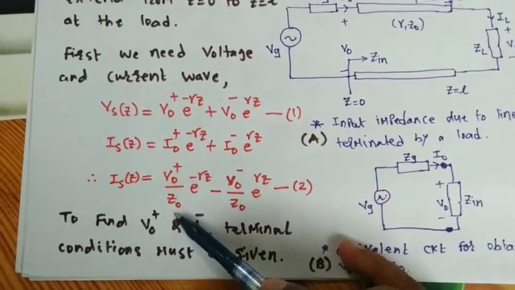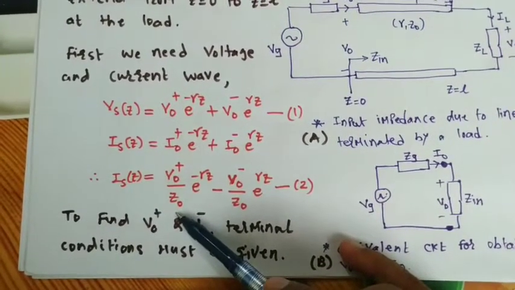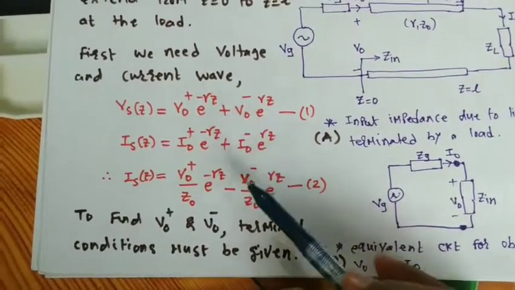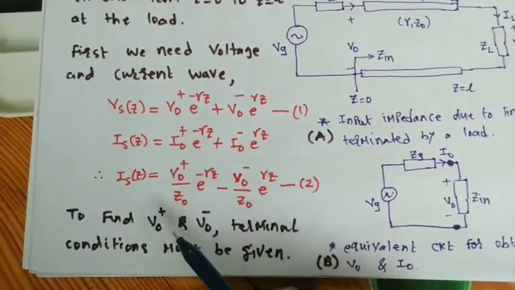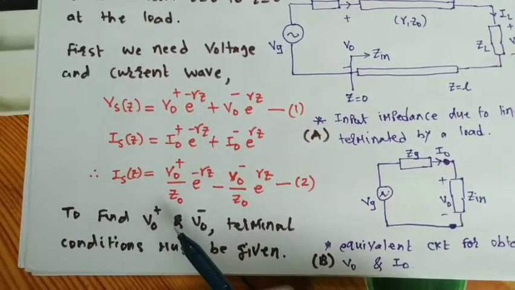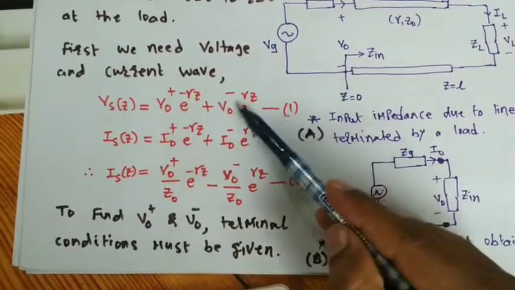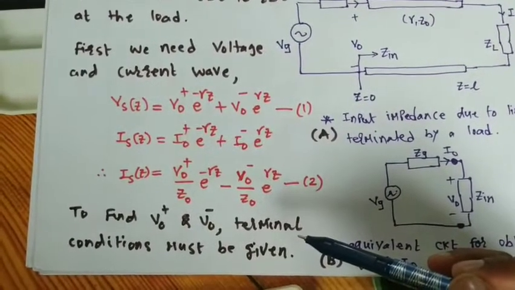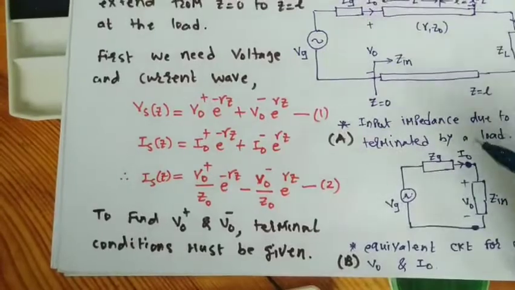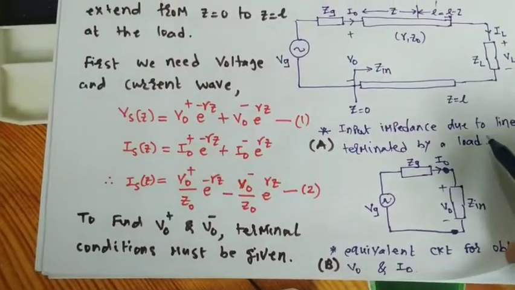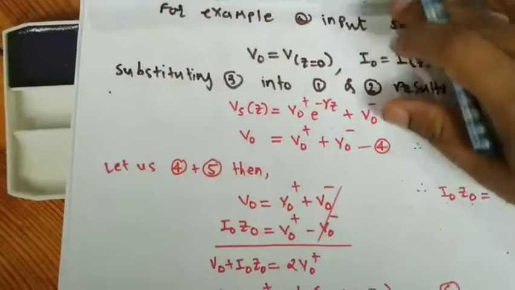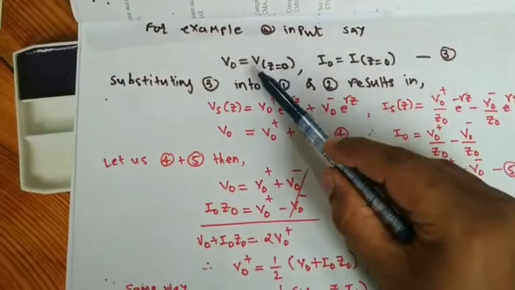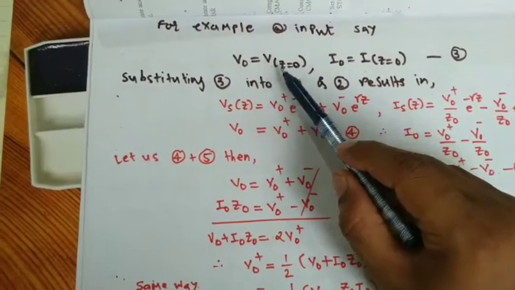Ultimately we now have two equations in terms of V0 plus, V0 minus, and Z0. First of all, for finding V0 plus and V0 minus, we need to give some terminal conditions. For example, at the input we say that V0 is equal to Vs at Z equal to 0.